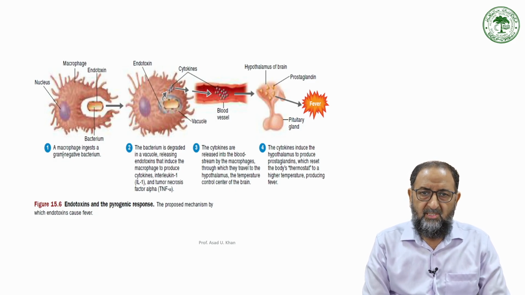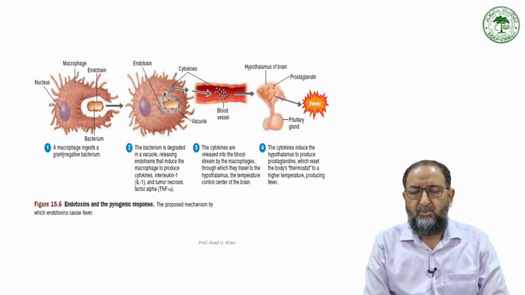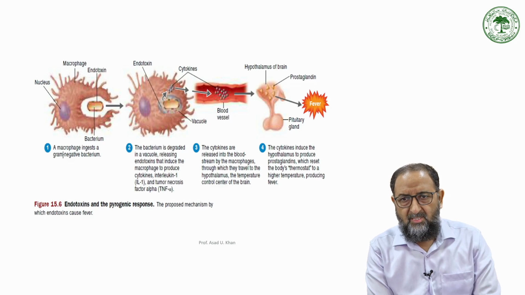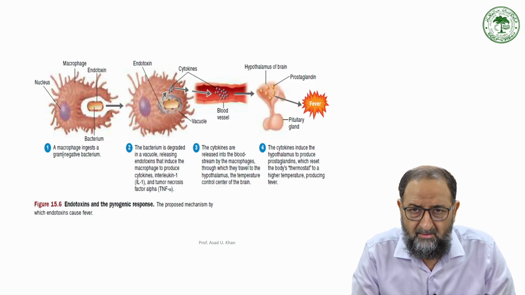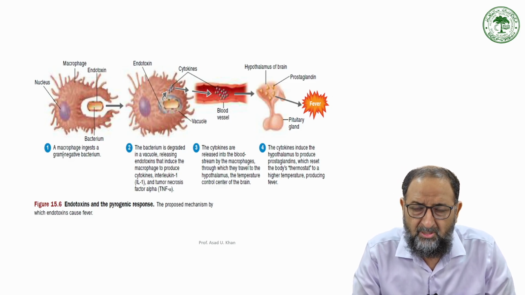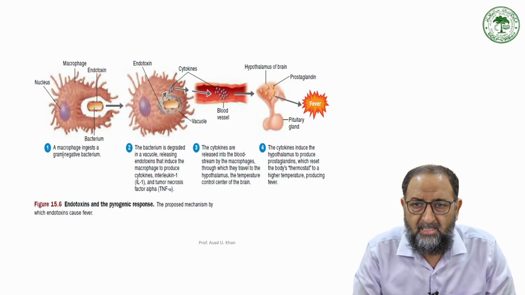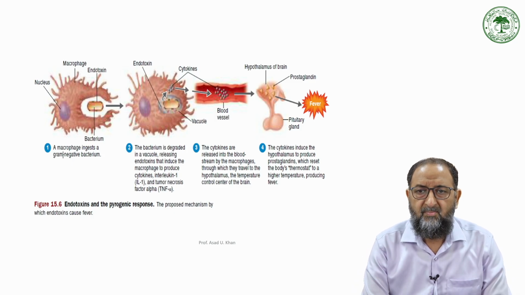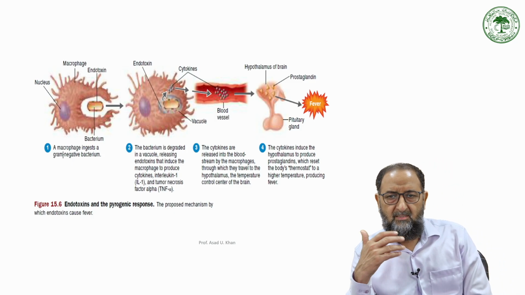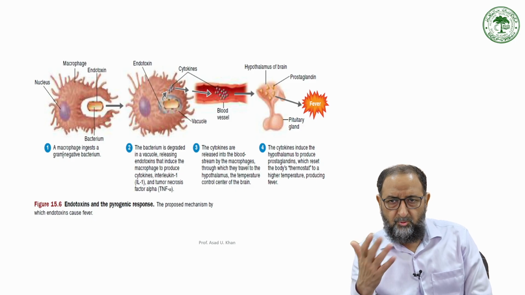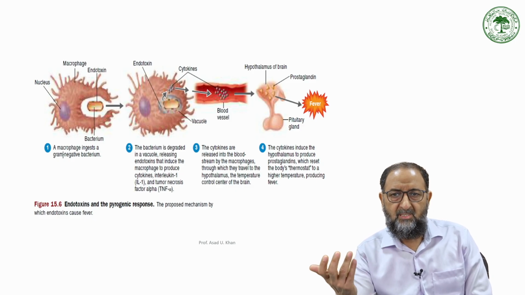Once the endotoxins are released, cytokines are produced in blood vessels, and these cytokines act on the hypothalamus of the brain, which produces prostaglandin, and this prostaglandin then acts on the pituitary gland, and this prostaglandin is basically what causes the fever.